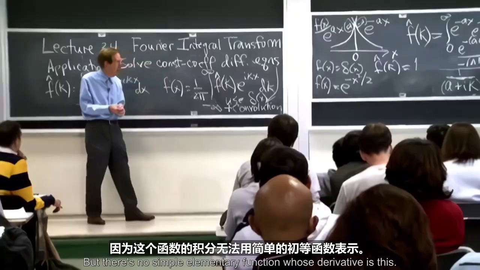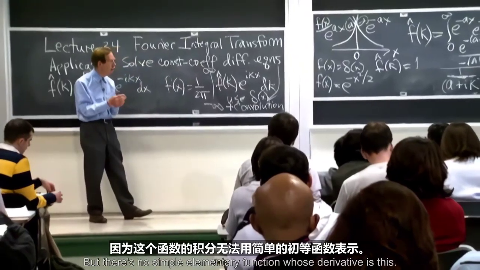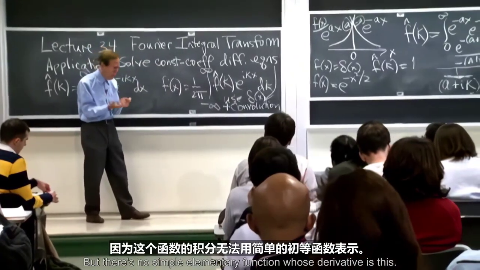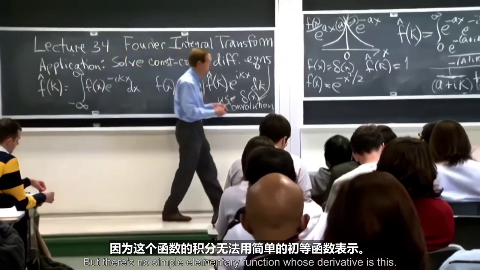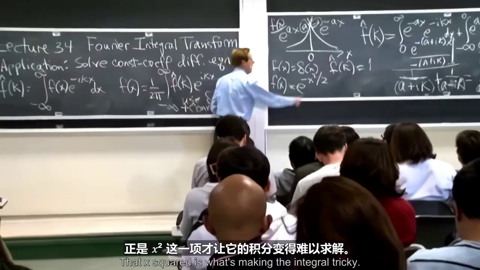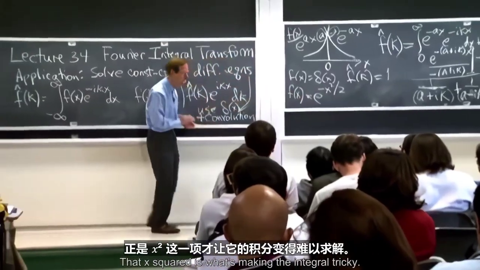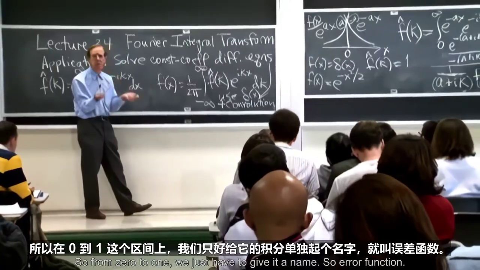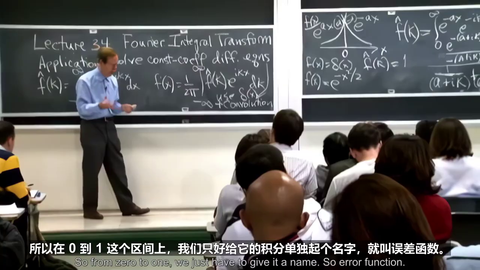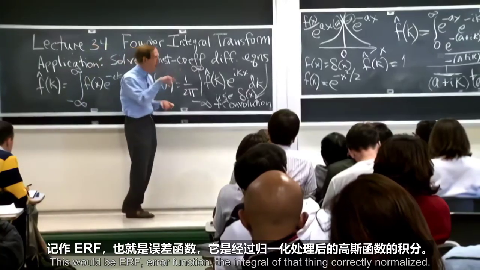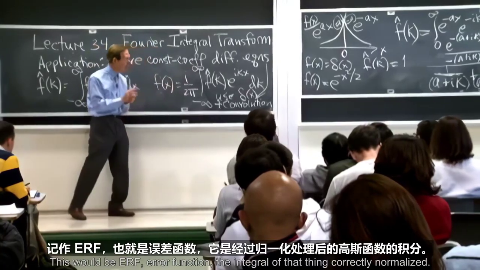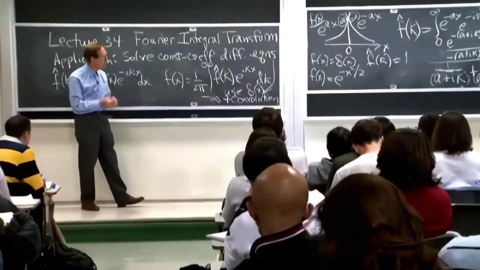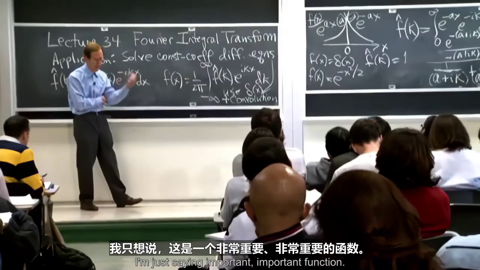But there's no simple elementary function whose derivative is this. That x squared is what's making the integral tricky. So from 0 to 1, we just have to give it a name. So error function. This would be ERF, error function, the integral of that thing correctly normalized. I'm just saying important function.